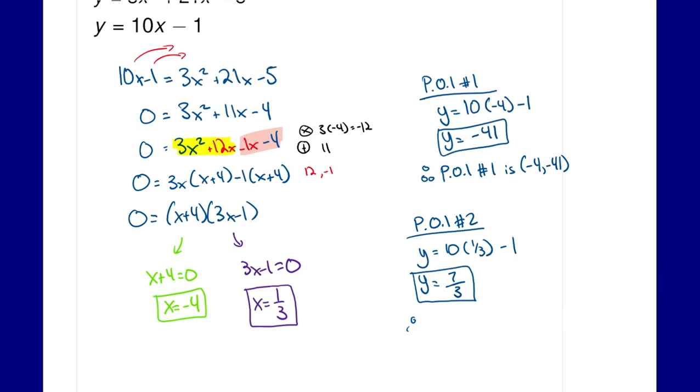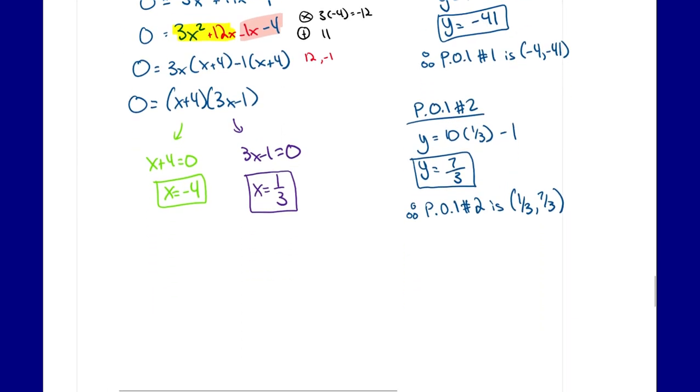So here, therefore, the point of intersection number 2, or POI number 2, is 1/3 and 7/3. So there are my 2 points of intersection.